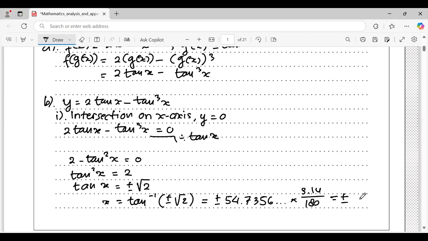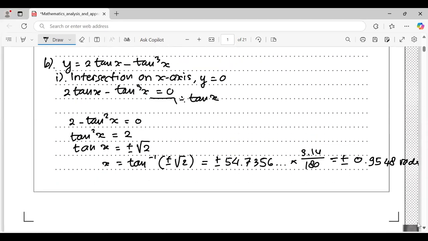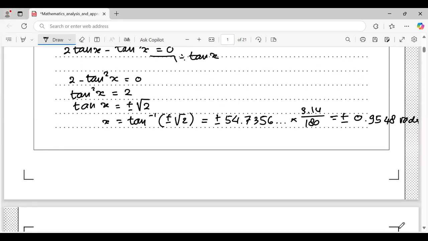The result is positive and negative 0.9548 radians, but I would like to round off, so it becomes 0.9.